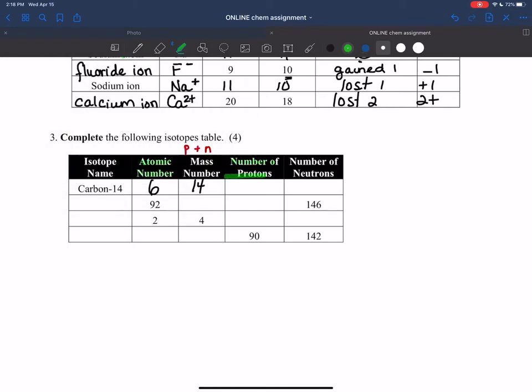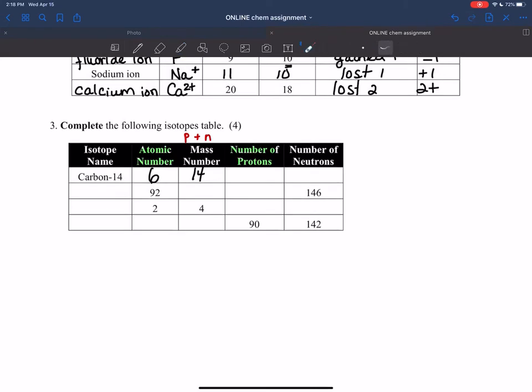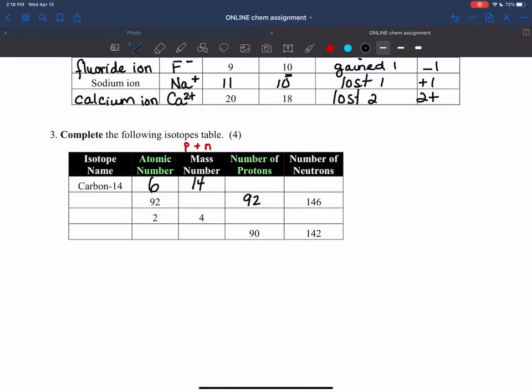So those two numbers are going to be exactly the same. Since I have, for example, 92 here, I'm going to have 92 there. Since I have 2 here, I'm going to have 2 there. And since I have 90 here, I'm going to have 90 there. All right, so that's part of my table already filled out.